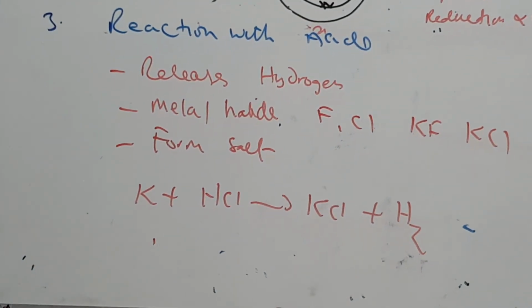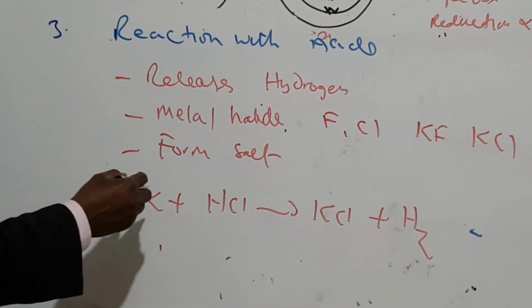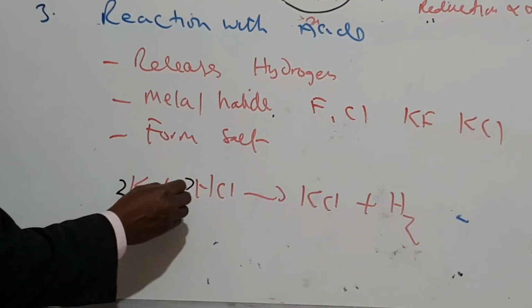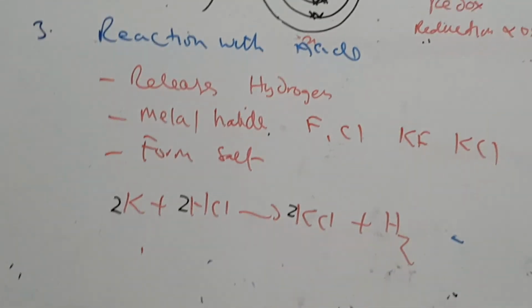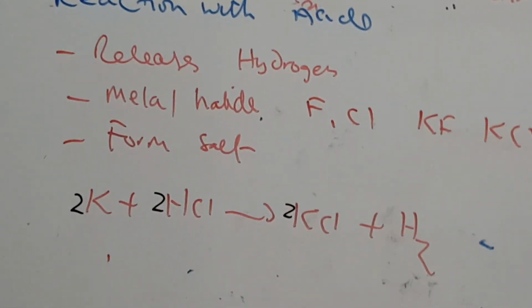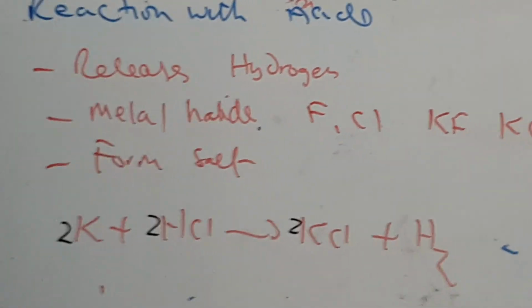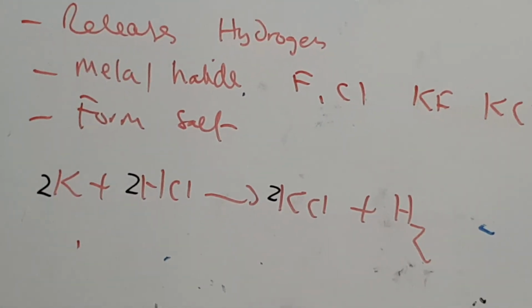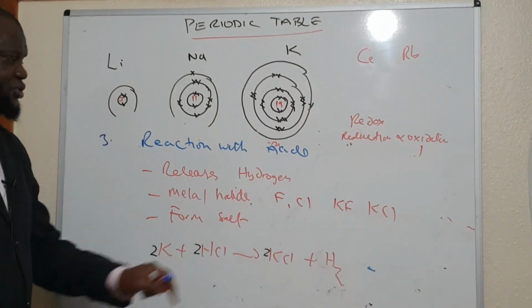No, it's not balanced. What do we do? Add 2 in front of the HCl, and 2 in front of the potassium and potassium chloride. So when they react with acid, they form an ionic compound, which is a salt, and they form hydrogen. If you want to manufacture hydrogen in the lab, that is the reaction you do.